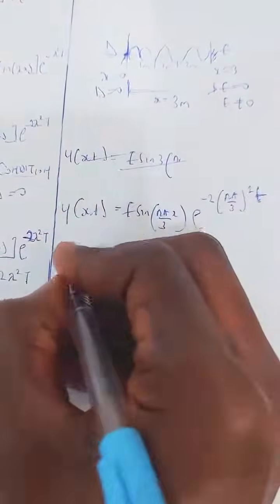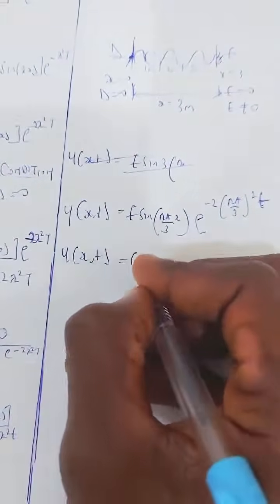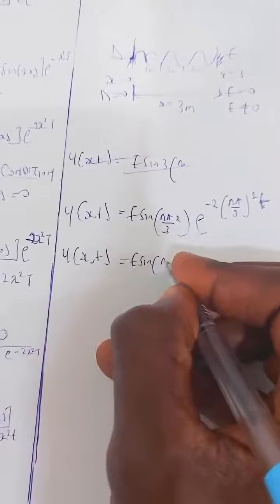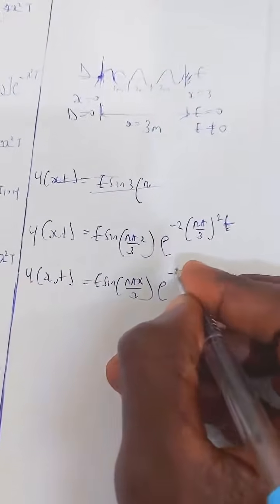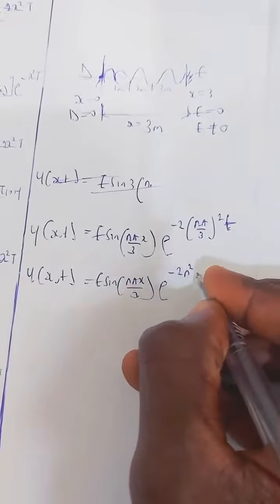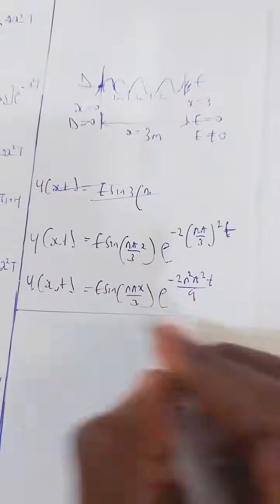Simplifying this, I then have u(x,t) equal to E sin(nπx/3) exponential of negative 2n²π² over 9 multiplying t. So this is my general wave equation.